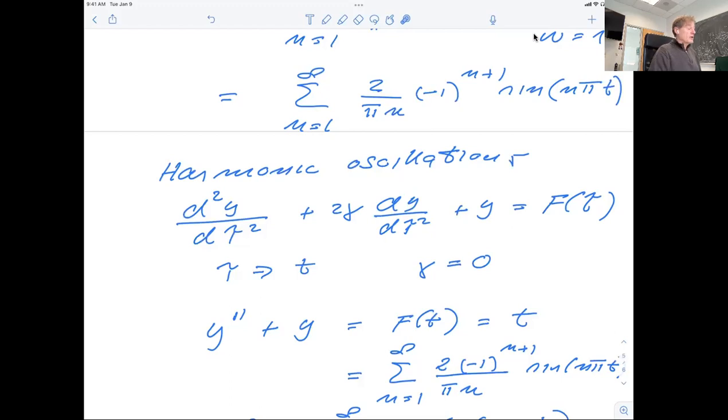So we can express a function like this f of t, which sounds complicated, like this square wave function. It could be a triangular wave function, or any other type of periodic function which you can produce in the lab, which is not easily represented by a nice function like a sine or cosine.